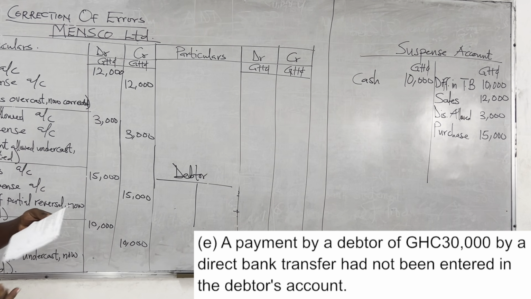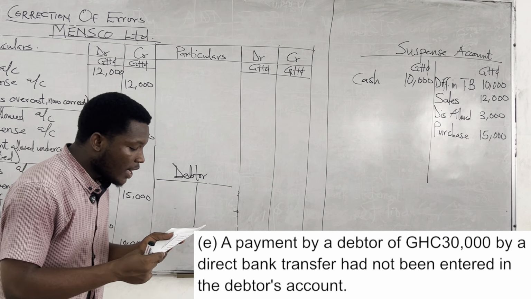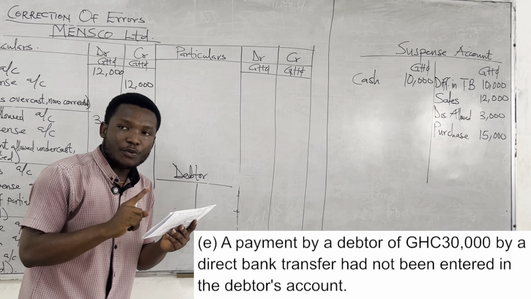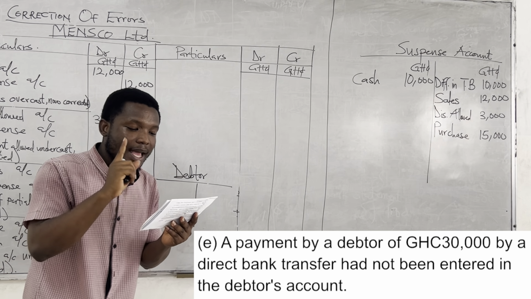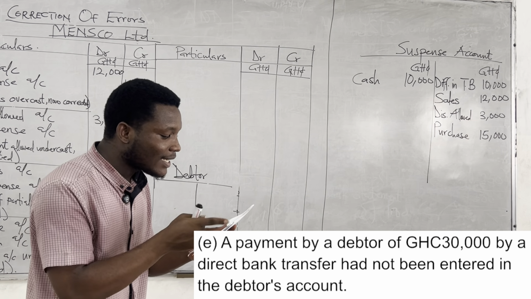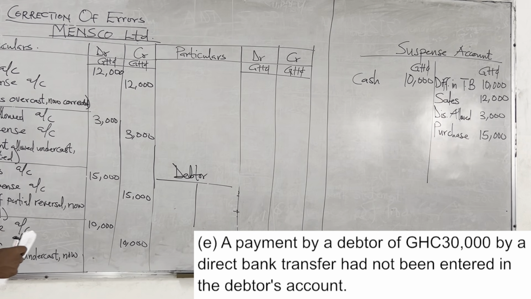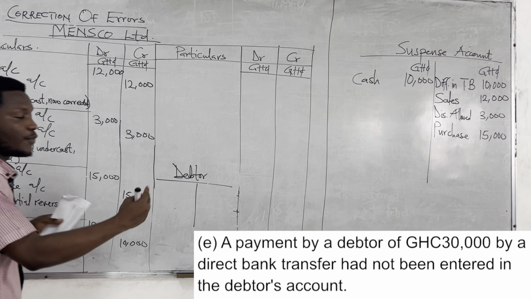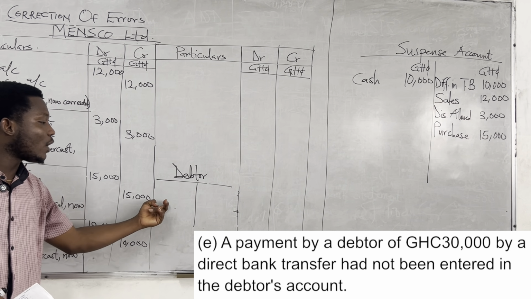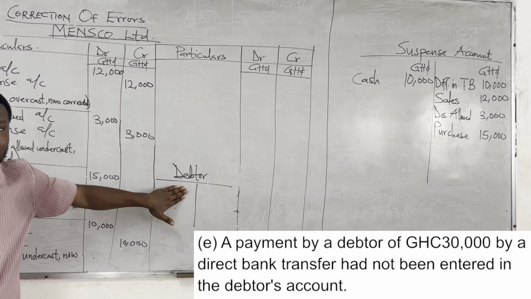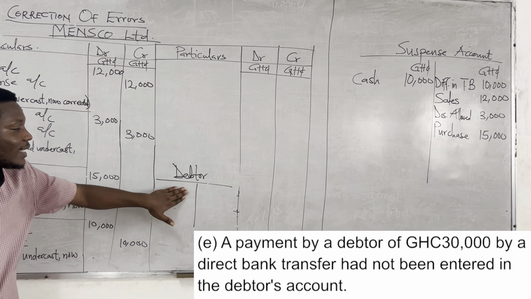And right now, the amount paid, listen to this, a payment by a debtor of 30,000 by a direct bank transfer had not been entered in the debtor's account. We have recorded it in our bank account already, that we have received 30,000 from the debtor. So in our bank account, we debited the 30,000, but we didn't record it in the debtor's account.